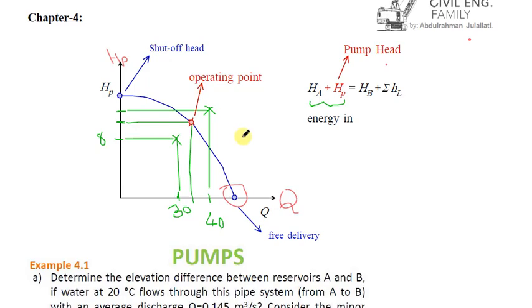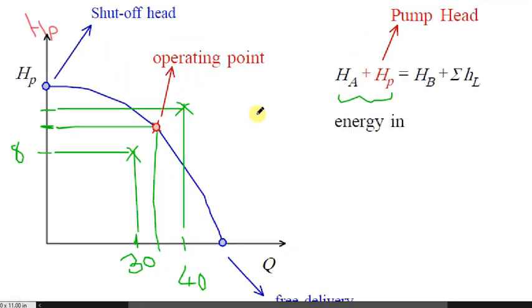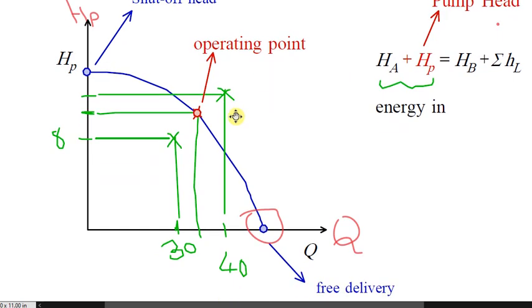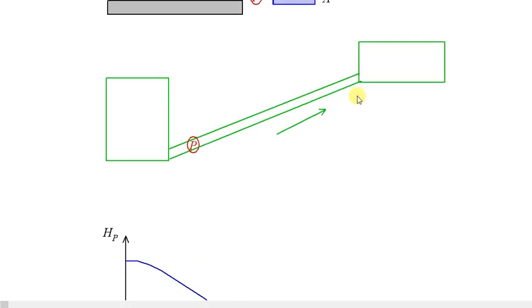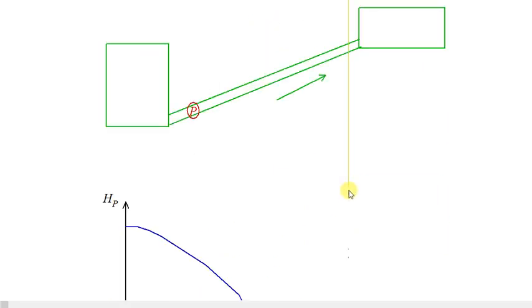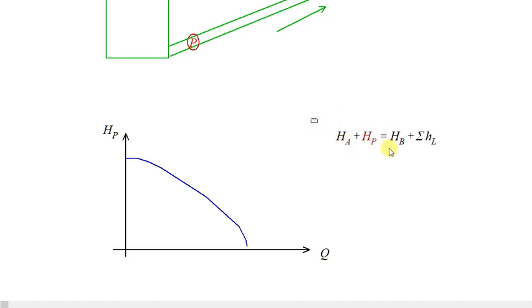So what is the point of the curve? The aim of the curve is the following. When we have the curve, for example like this, and I have this pump curve, the aim is that here HP is just a way of solving, and we wrote the Bernoulli equation, and when we wrote the Bernoulli equation, we discovered that head of the pump is unknown and Q is unknown too.